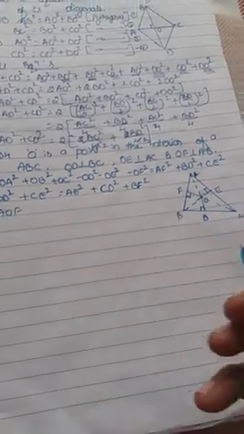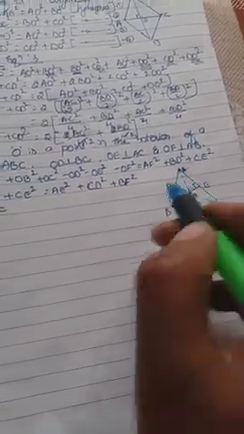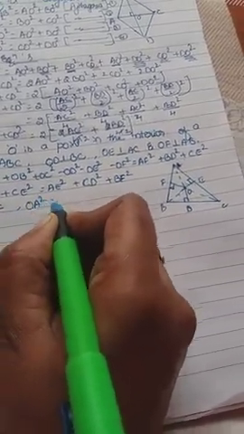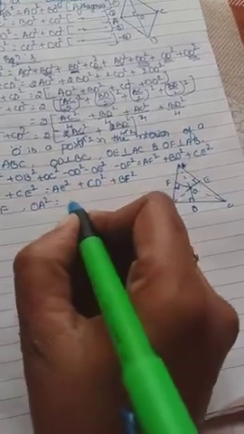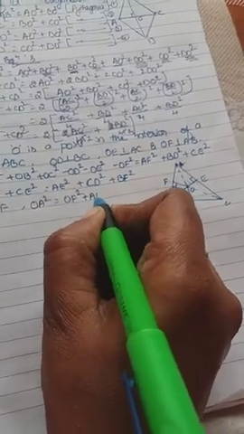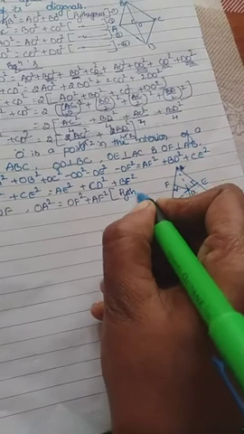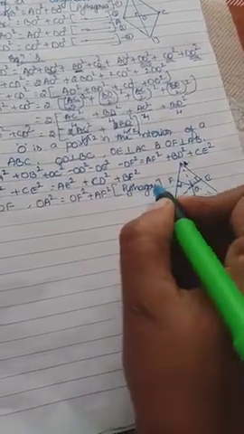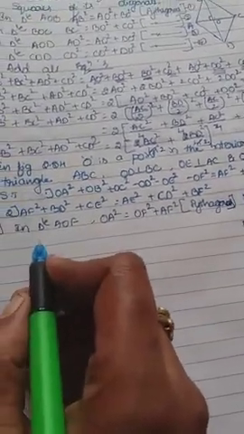According to the Pythagoras theorem, the hypotenuse here is the extra construction OA. So OA square equals OF square plus AF square, according to the Pythagoras theorem. Keep in mind, this is in triangle AOF.